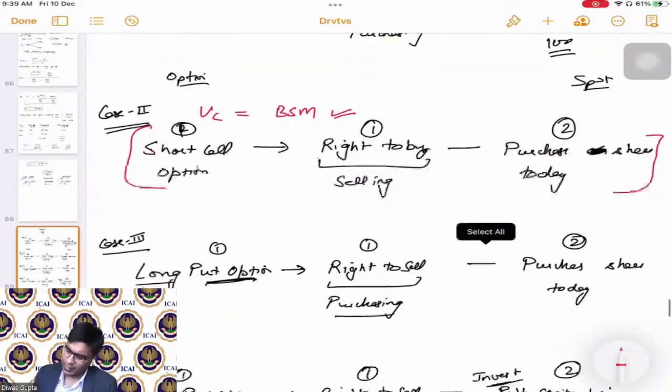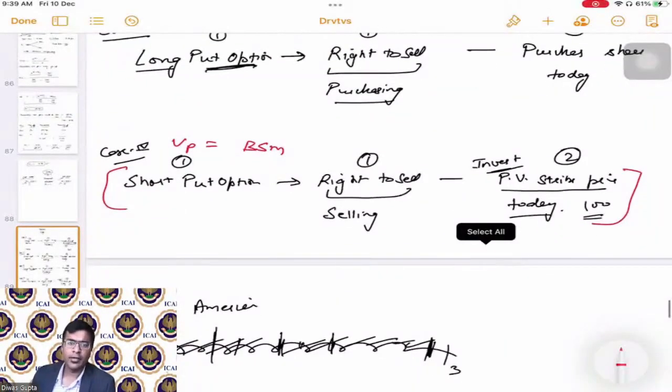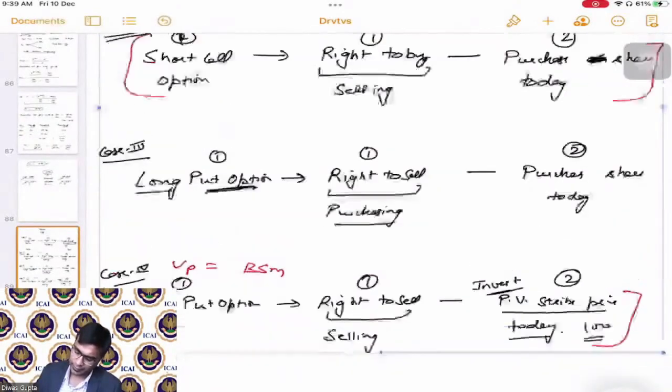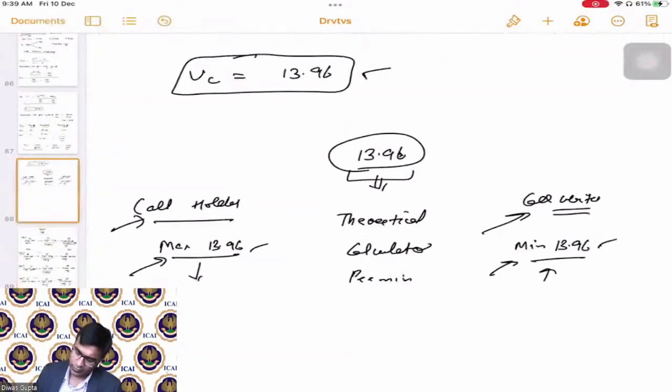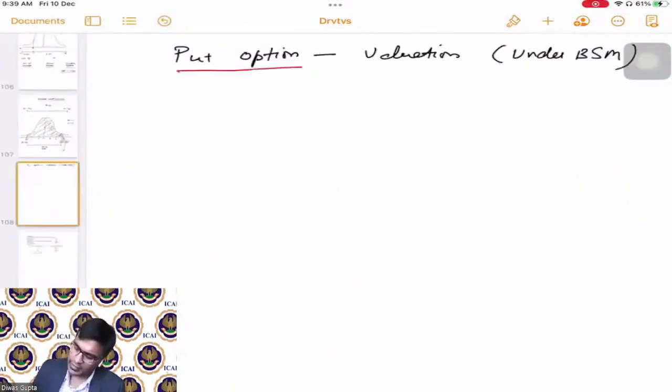Now we will pick up case number 4 for valuing a put option using the Black-Scholes model. It's hardly a very small thing.